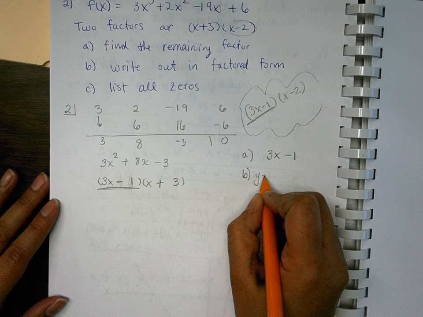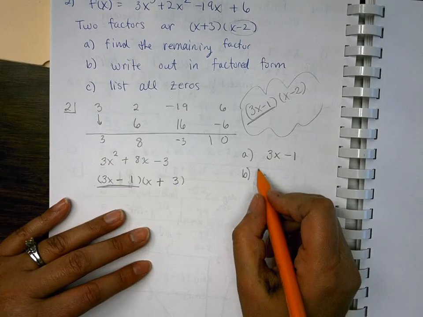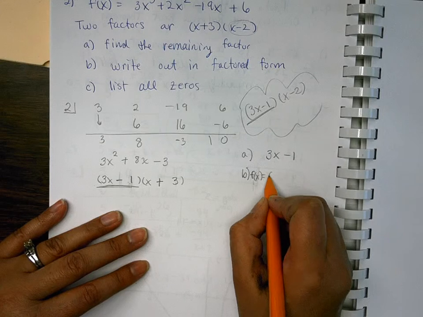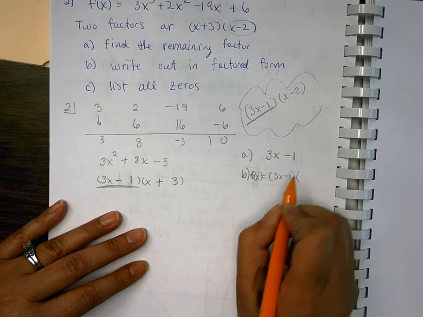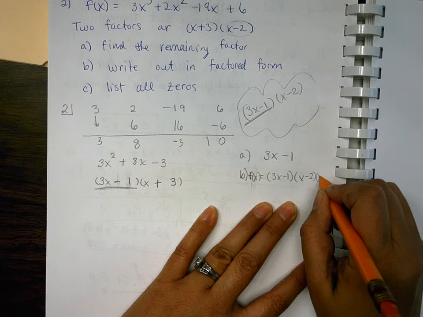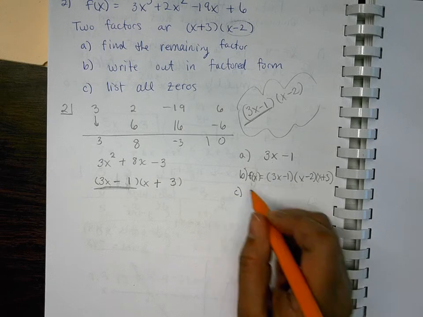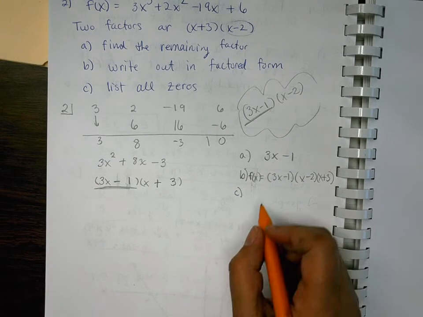All right, part B, write in factored form. f of x equals 3x minus 1. And what are the other two? Good job. She said x minus 2 and x plus 3. The order in which you write them does not matter. Part C, write your zeros.